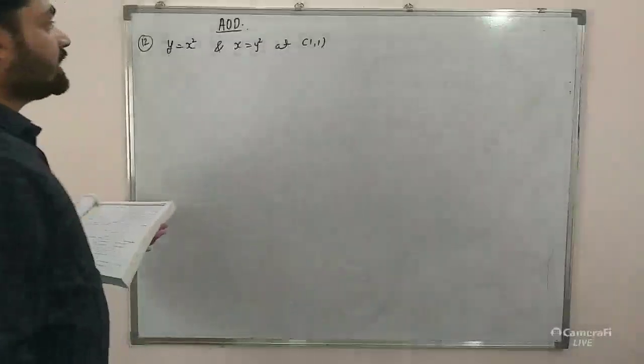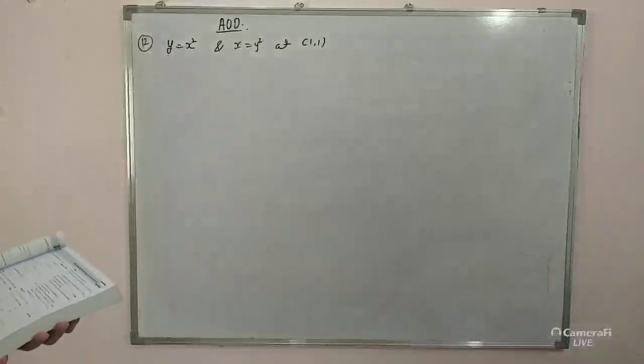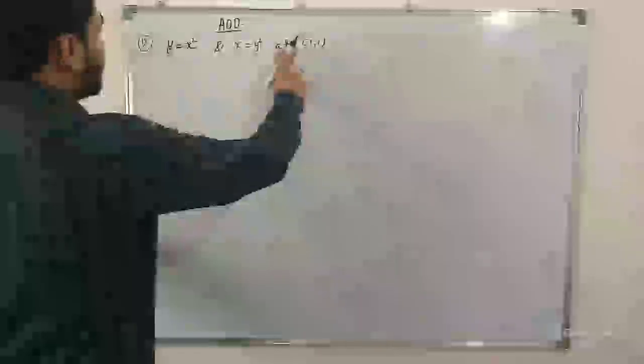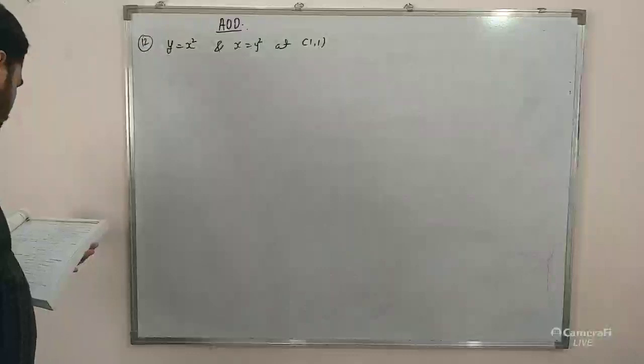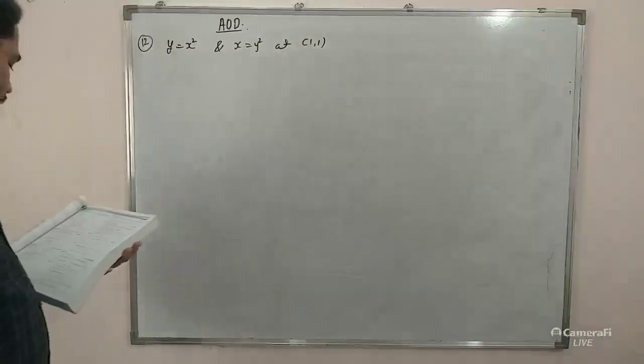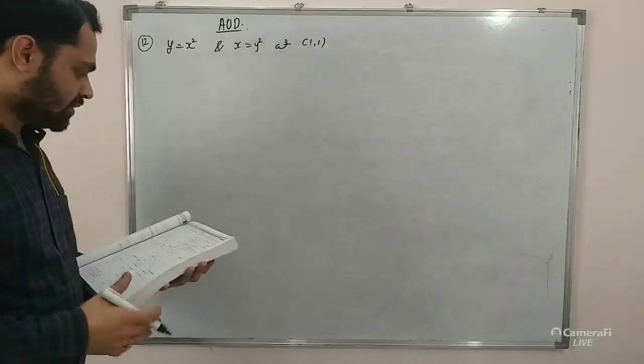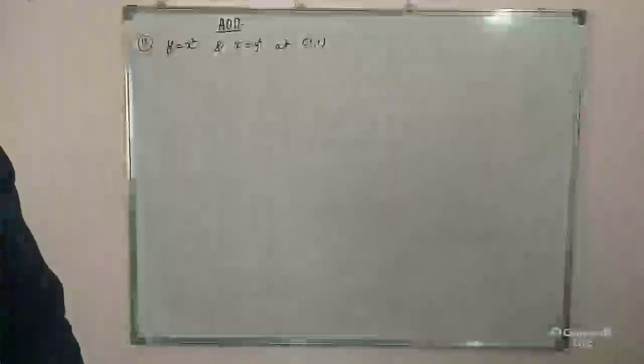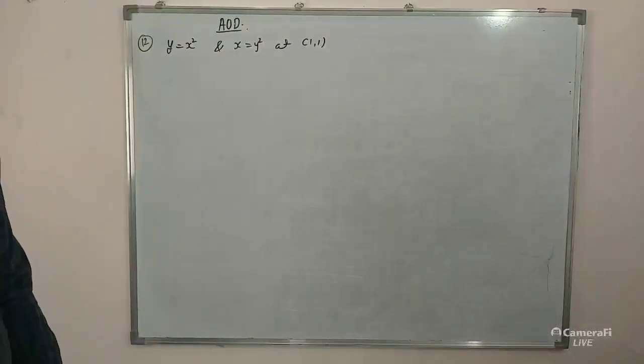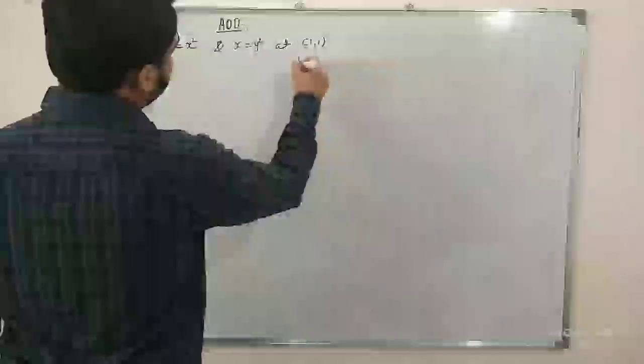They are asking for the angle of intersection. The options given are: tan inverse 4/3, tan inverse 1, tan inverse 3/4, and 90 degrees, right? So these are the options, and this question is from IIT 2000.